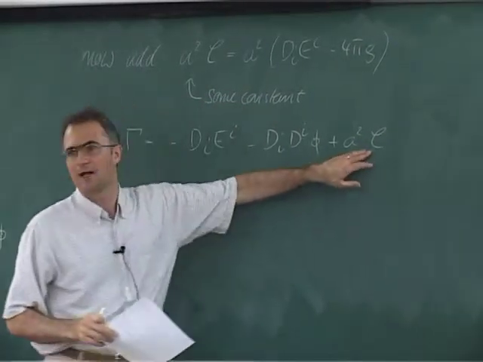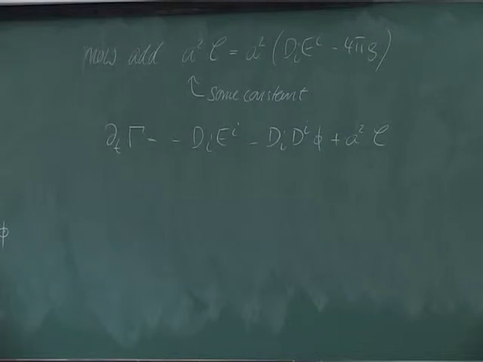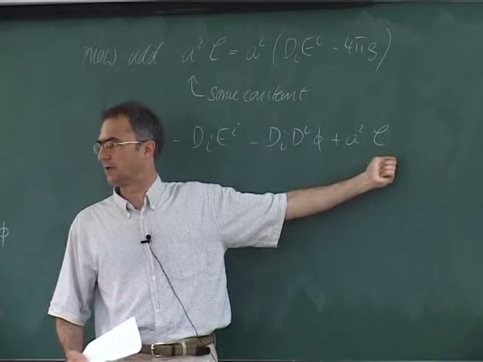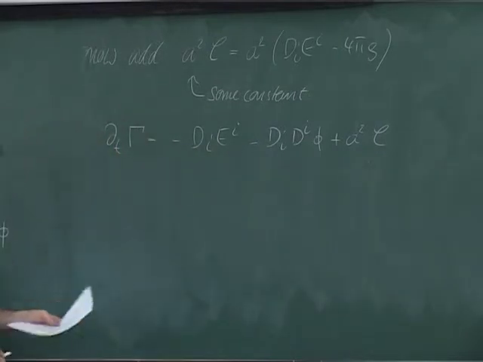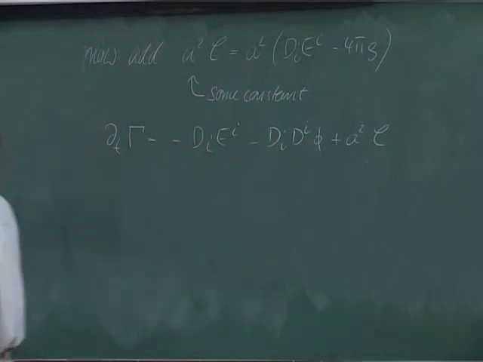By the way, why am I allowed to add this term? You could say, I cannot just randomly add terms to my equations. But why am I allowed to add this term? Because it's supposed to be 0 anyway. Analytically, it is 0. I'm just adding 0 in a particularly fancy form. Now C, as you have in your notes, is the divergence of E minus 4 pi rho.